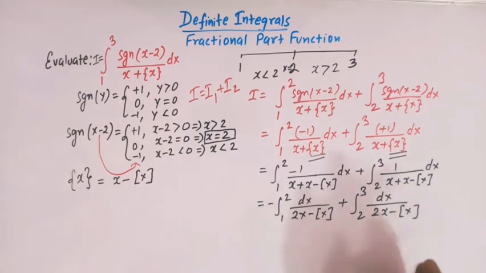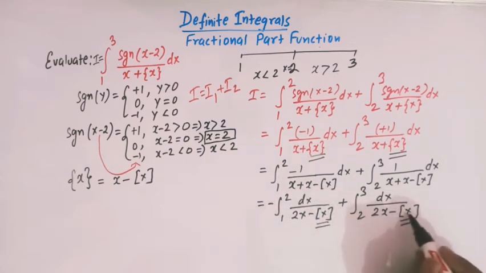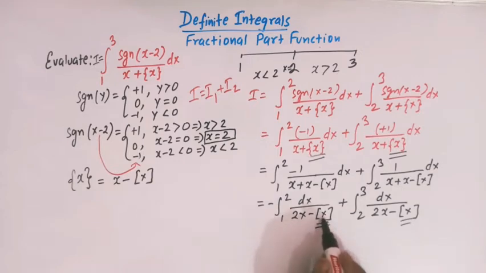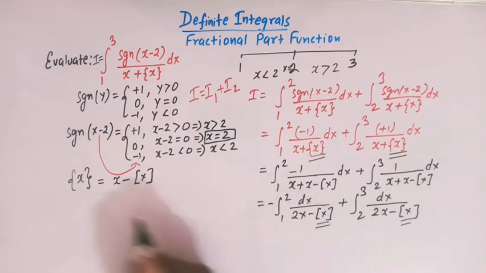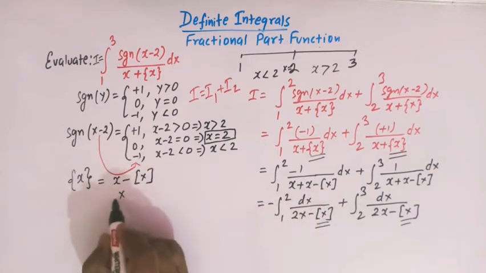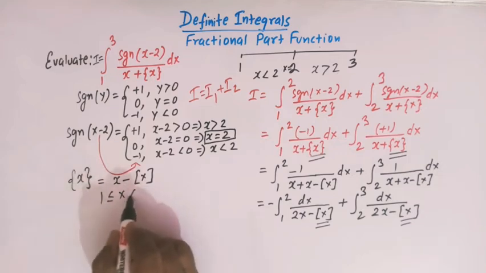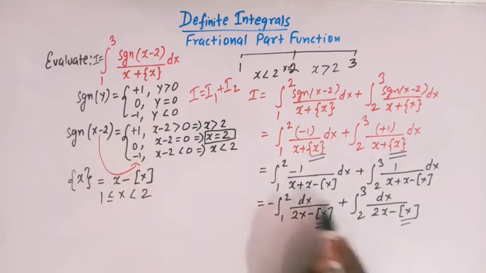So now we have to assign the value to this greatest integer of x, right? Let us first see this integral. When x varies from 1 to 2, it means we integrate from 1 to 2.